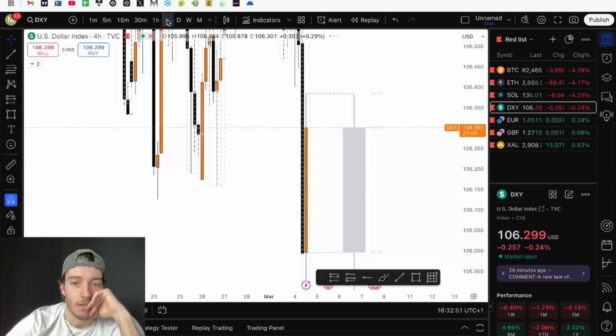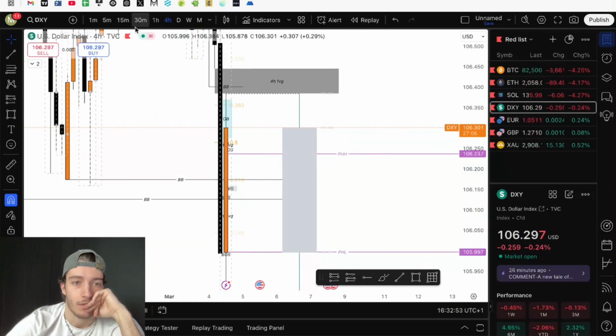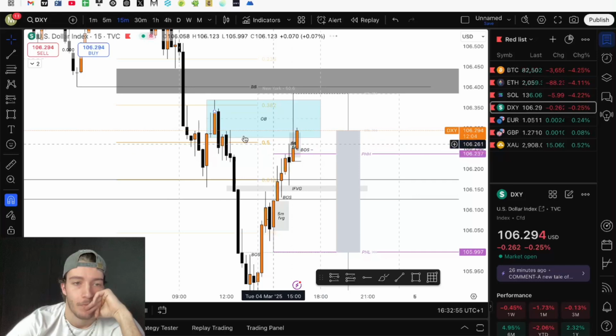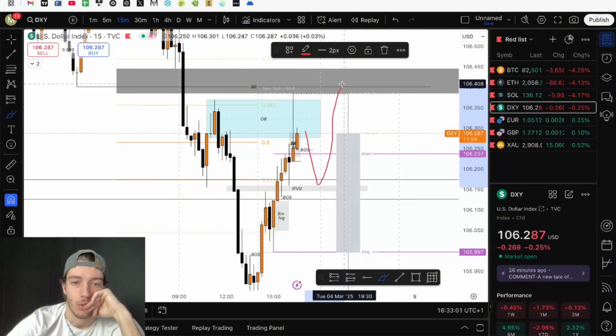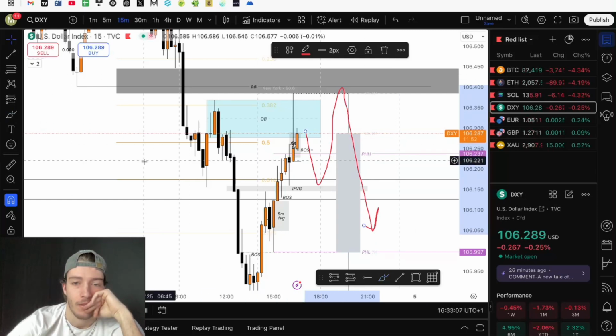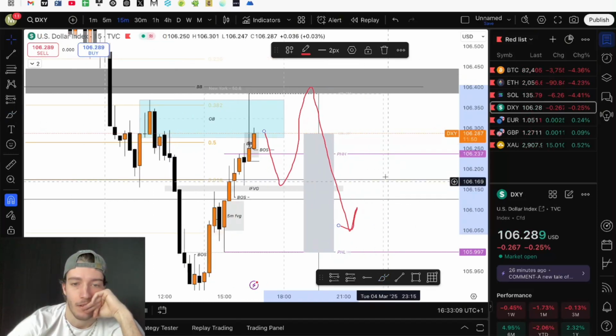So as I said on the dollar, we have this 4-hour candle gonna close in 27 minutes. I can imagine that we're gonna come down into this 1-hour inverse and then sweep this high, tap into breaker, tap into 4-hour fair gap, and then move lower later.